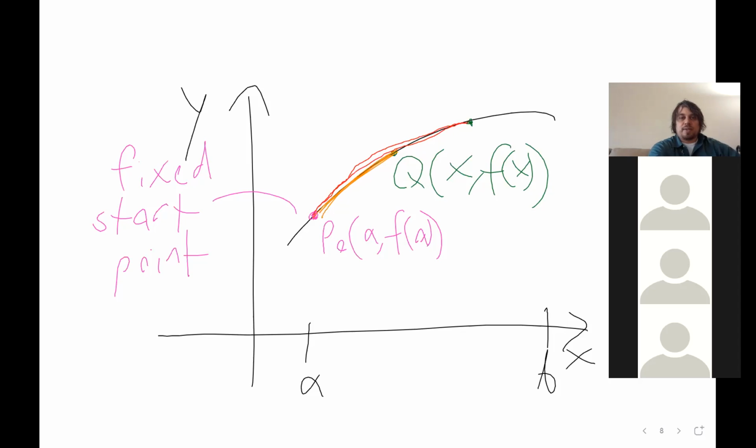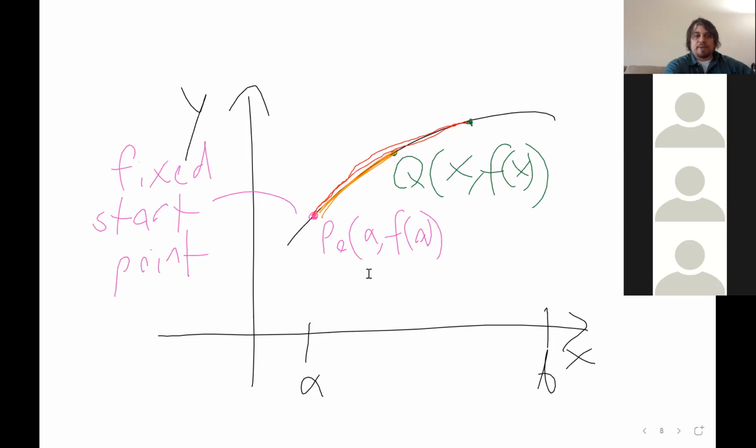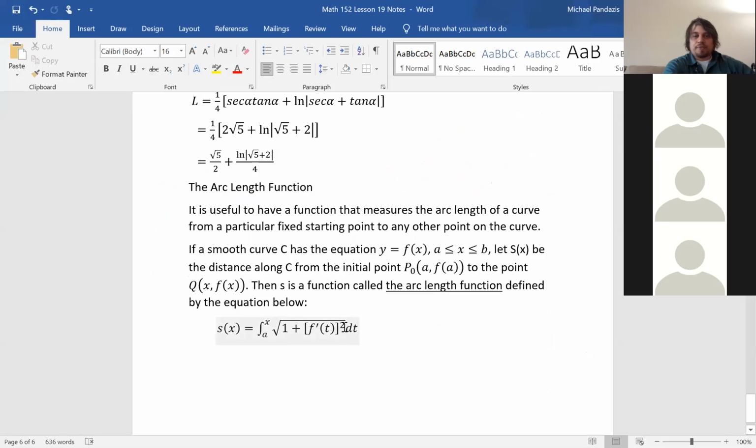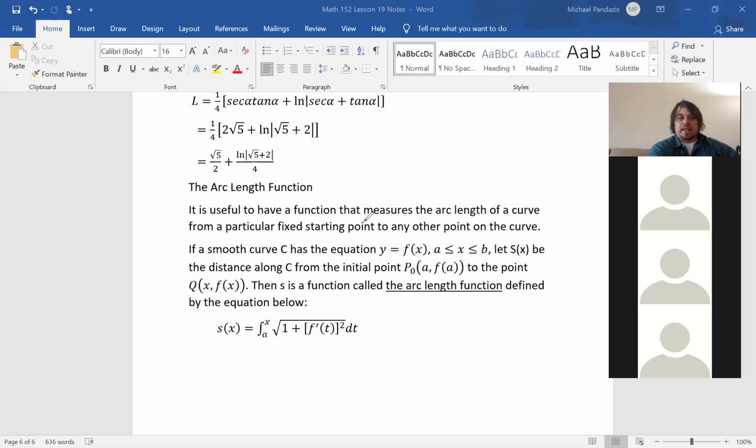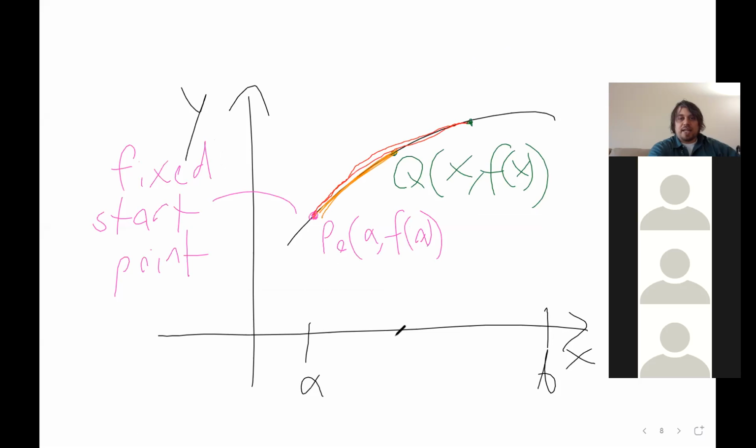So that's what the theorem, our definition, is referring to. Here it's a definite integral from a to x. In the picture, a to x means, for this point, this x value.